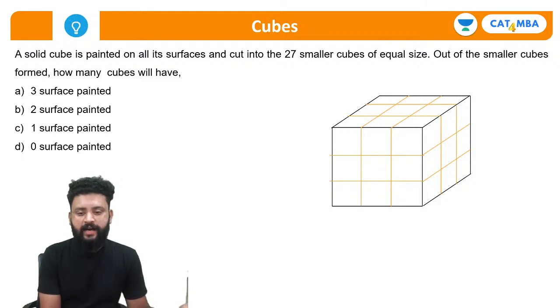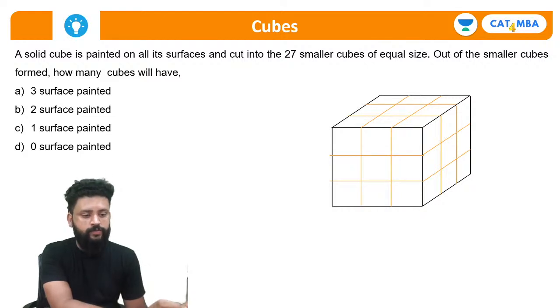After that, you need to solve 4 questions based on it. A cube is painted on all its surfaces and cut into 27 smaller cubes of equal size. Out of the smaller cubes formed, how many cubes will have 3 surfaces painted is the first question. You need to count the number of cubes which will be 3 surface painted.